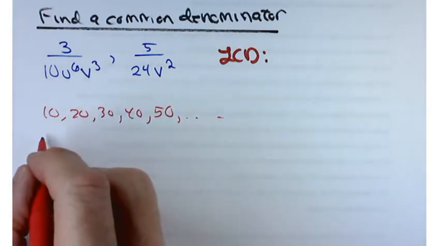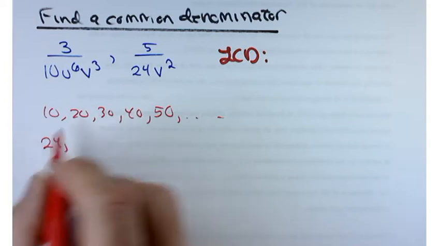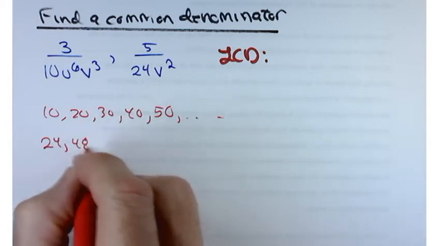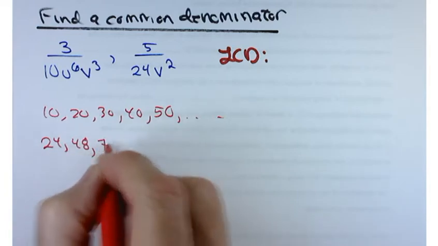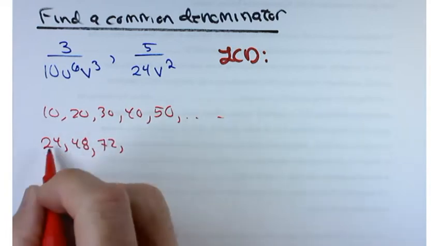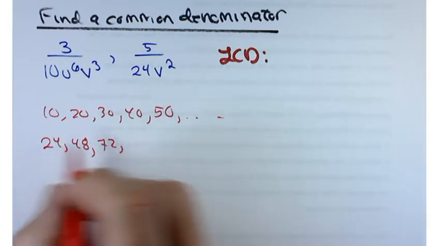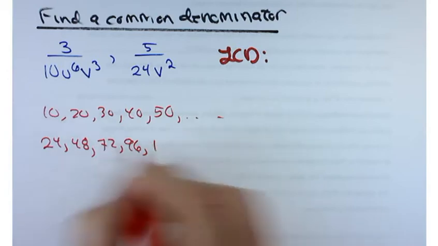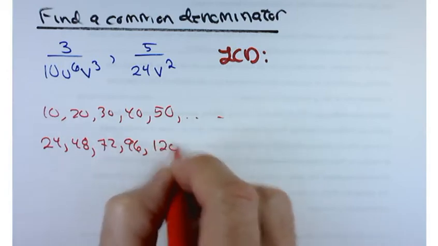So let's take a look at multiples of 24. 1 times 24 is 24, times 2 is 48, times 3 is 72. And then really you're just adding 24 to get from one to the next. So 72 plus 24 would be 96. And then what? 120.